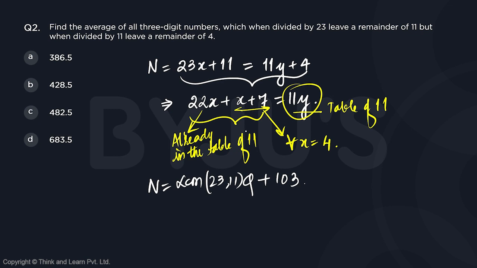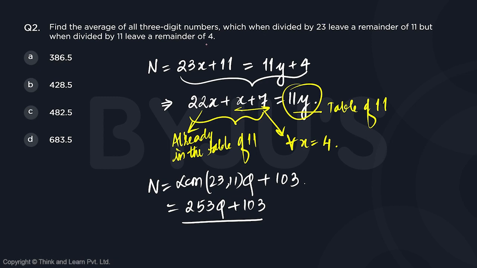So we need to find the average of all such 3-digit numbers. Now the LCM of 23 and 11 will be the product of 23 and 11, the reason being that 23 and 11 are co-prime. So that is going to be 23 into 10 plus 23, which is 253. So 253q plus 103 is the general format of all such numbers.